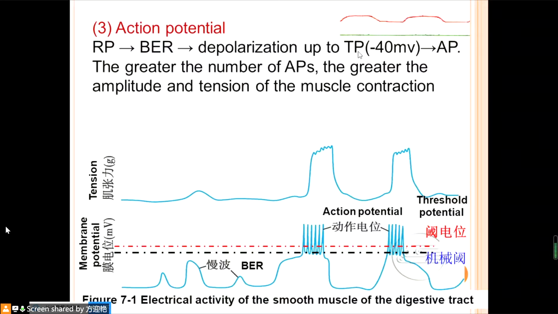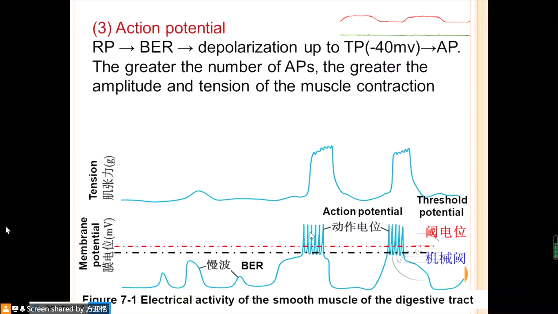You should also review chapter 2 on generating action potentials. The slow wave is a kind of local potential that can summate and reach the threshold potential, and then generate the action potential.